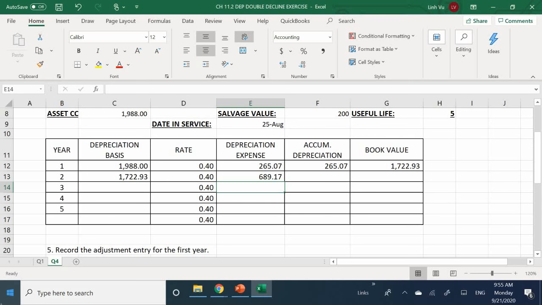It's because in the first year we've only calculated 4 months, September, October, November, December. It's only 4 months old at that point. But because we're assuming that we depreciate at the end of the year, every December 31st we're depreciating it. So in this case, from January to December 31st, it's reached its full year.